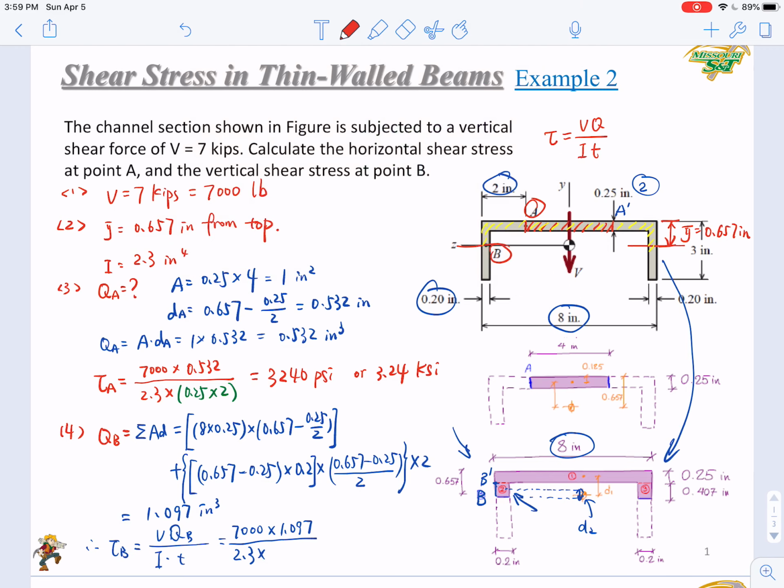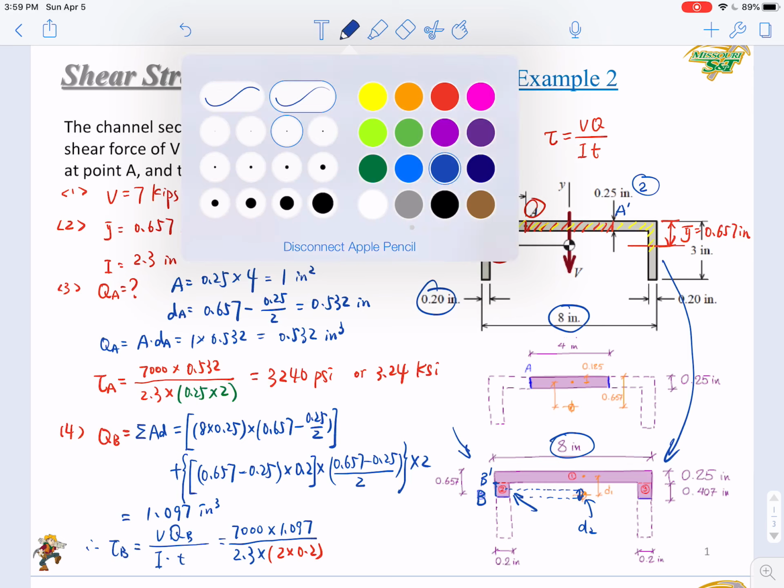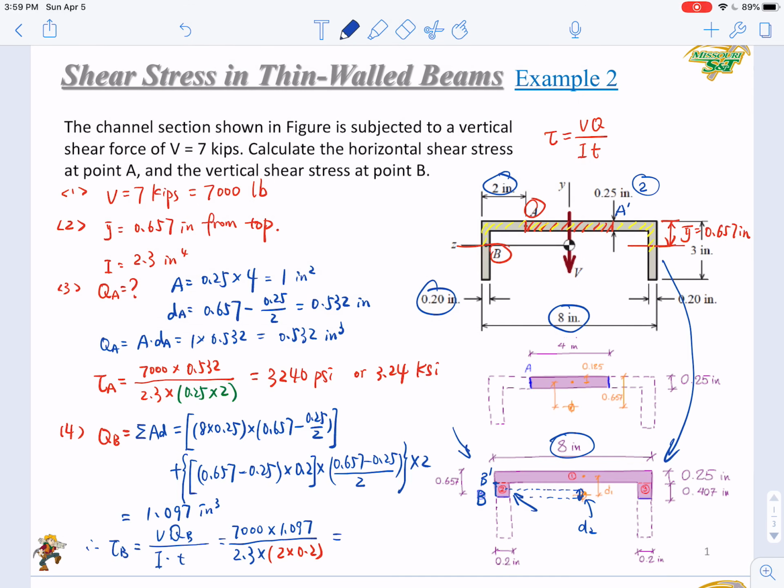Again, here we need a special value. Recall the previous slides. Again, you need 2 times the local thickness. It is 2 times 0.2. Then you get the result. It will be 8,350 psi, or 8.35 ksi.